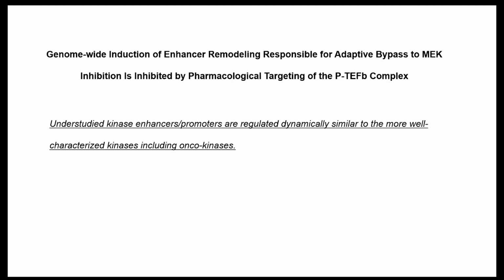And what we know is that the understudied kinases have enhancers and promoters, using chromatin IP. They're regulated dynamically, as dynamically as well-studied and well-characterized kinases, including different oncokinases.